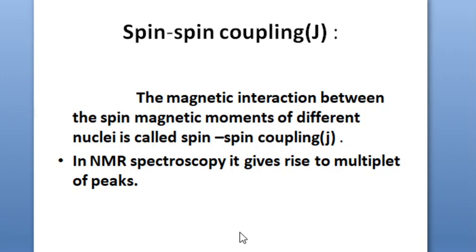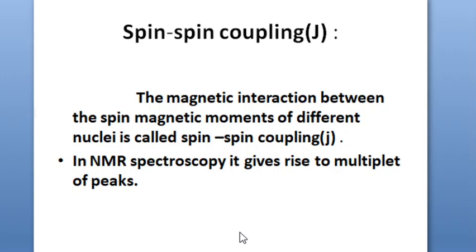What will interact there? Their spin magnetic moments will interact, and on interaction it leads to a coupling of the spins. This is called spin-spin coupling.